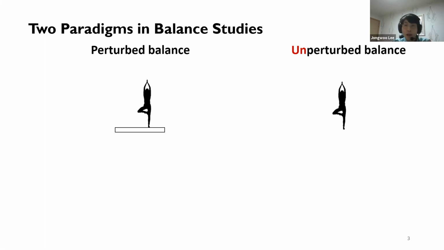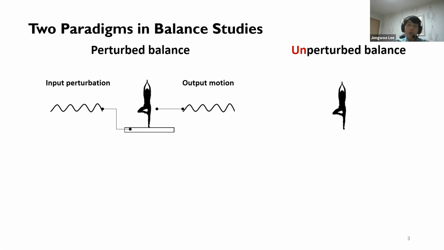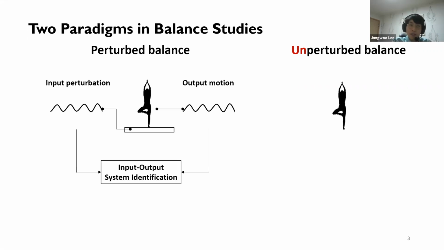A typical way of applying perturbation is to translate or rotate the platform the subjects are standing on, and then record the motion of the subjects in response to the applied translation or rotation of the platform. So you have a direct measurement of the movement of the platform and the motion of the human body. With these two signals, you can apply the well-established input-output system identification techniques developed in the engineering community.